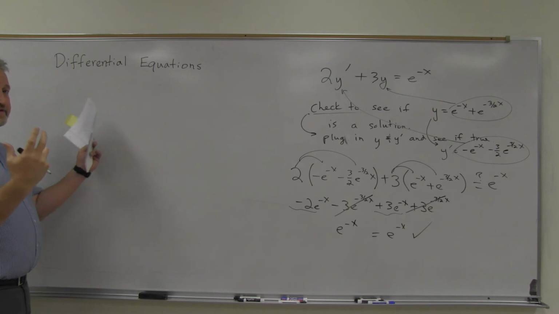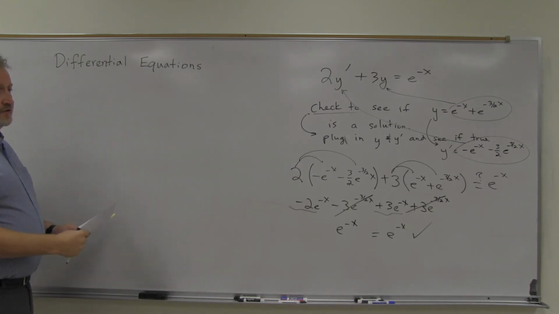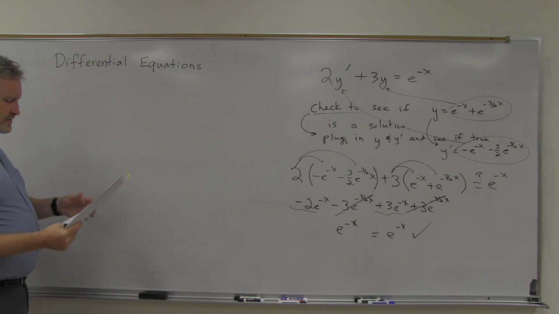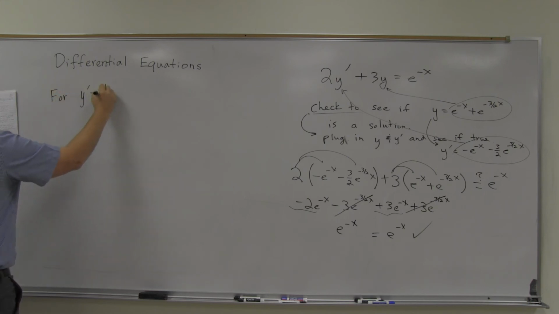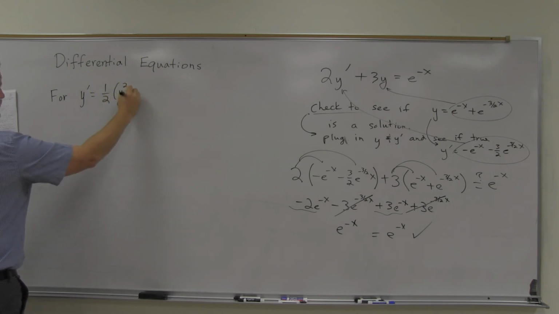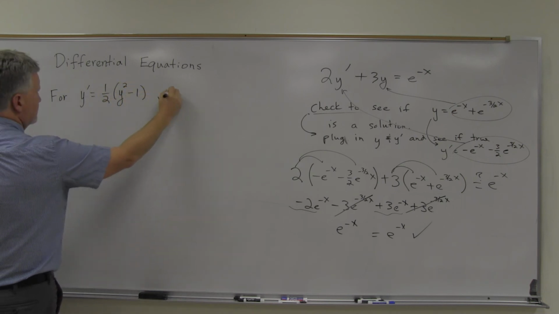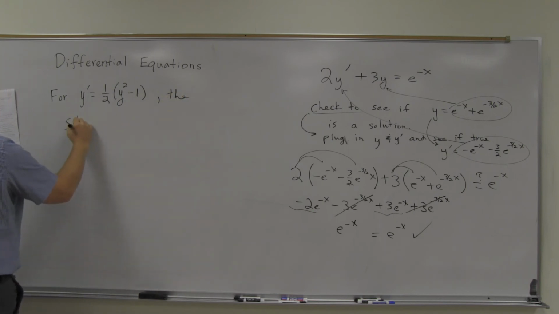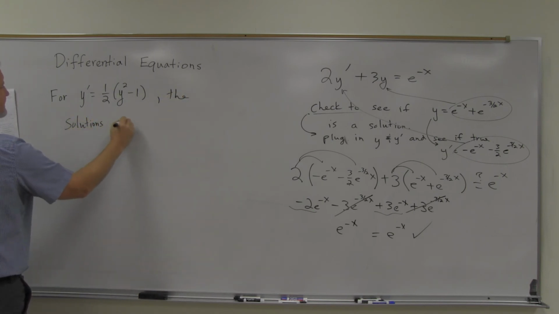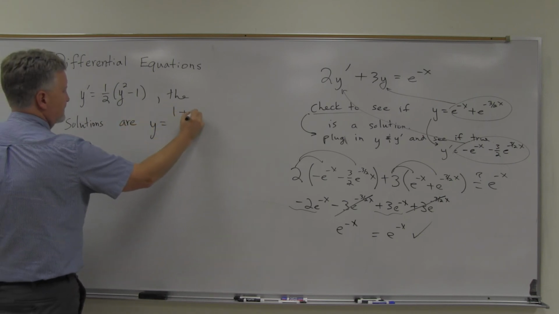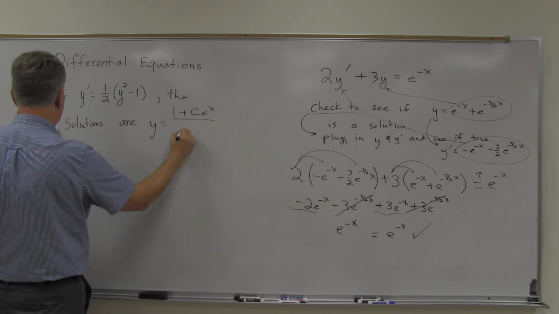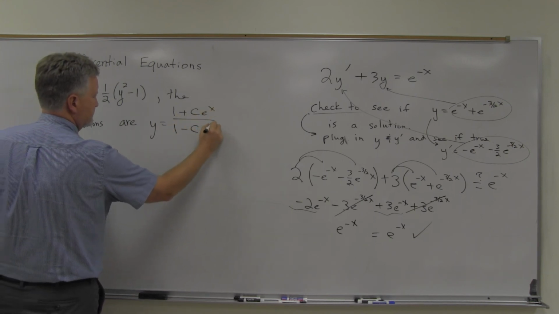But a lot of times these solutions to differential equations come in as a family of functions. Here's, for example, for y prime equals 1/2 y squared minus 1, the solutions are, notice I said solutions, y equals 1 plus c e to the x over 1 minus c e to the x.